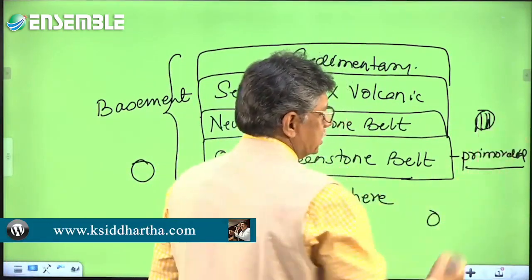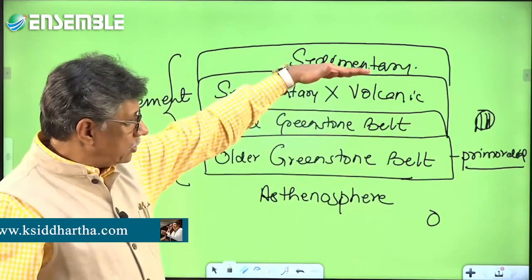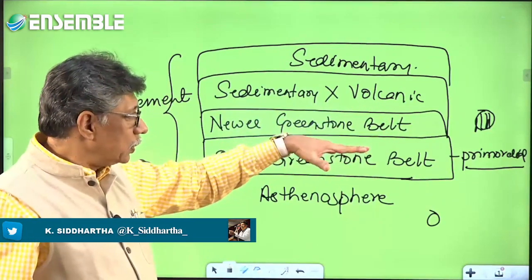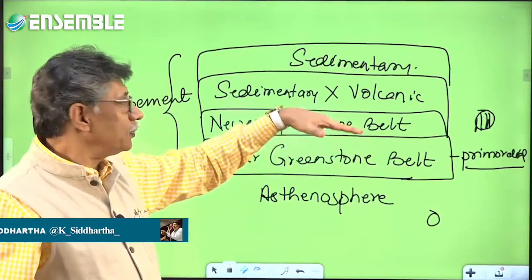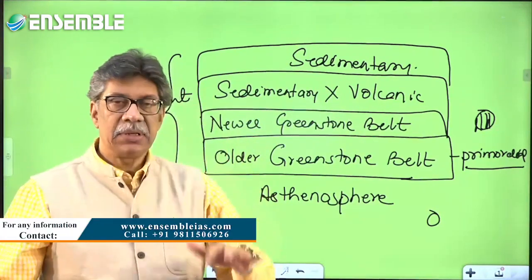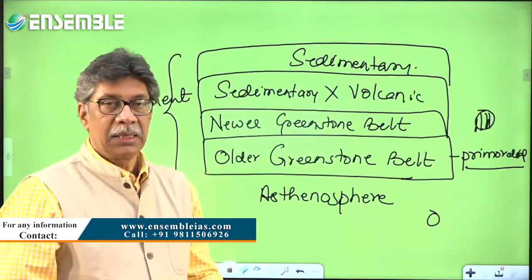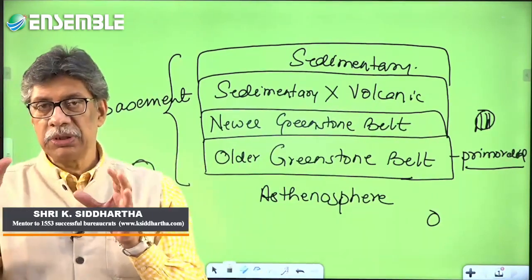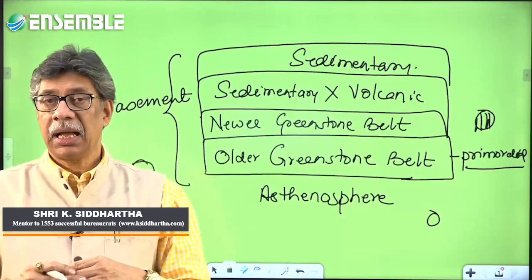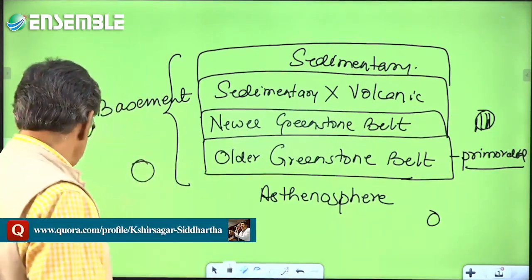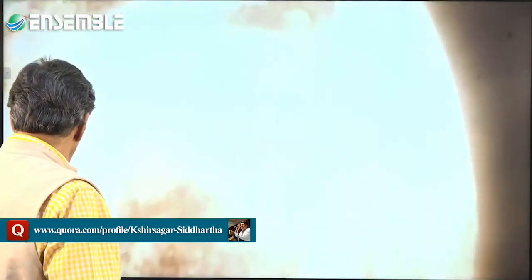All of these nuclei had the same characteristics and structure. A small nucleus had older greenstone, then newer greenstone, then sedimentary volcanic succession, then sedimentary layers, and so on. All of these basements were small nuclei floating over the asthenosphere, and there were several such basements.